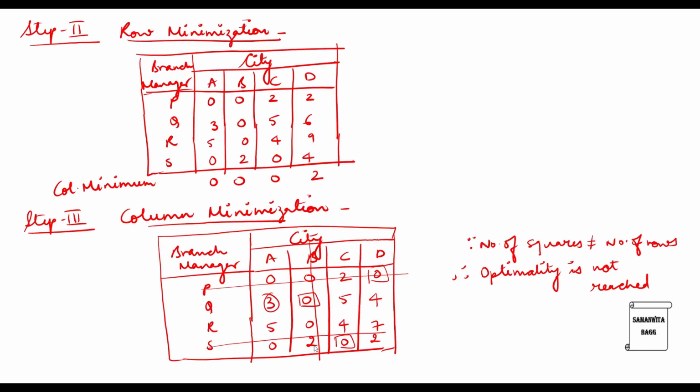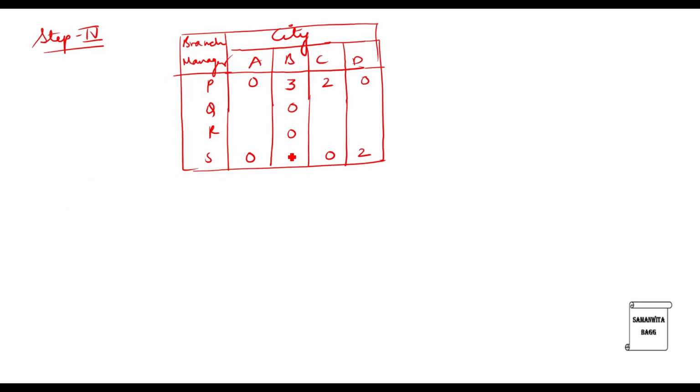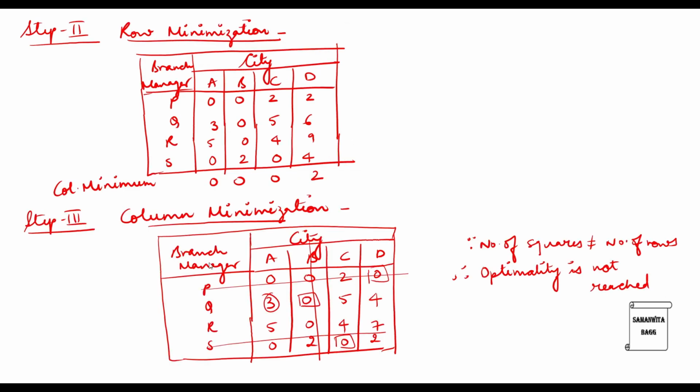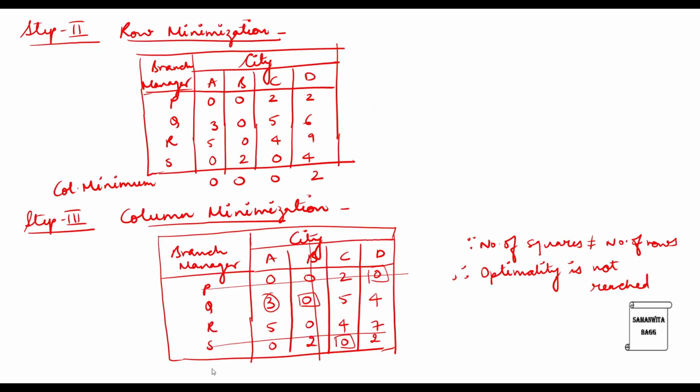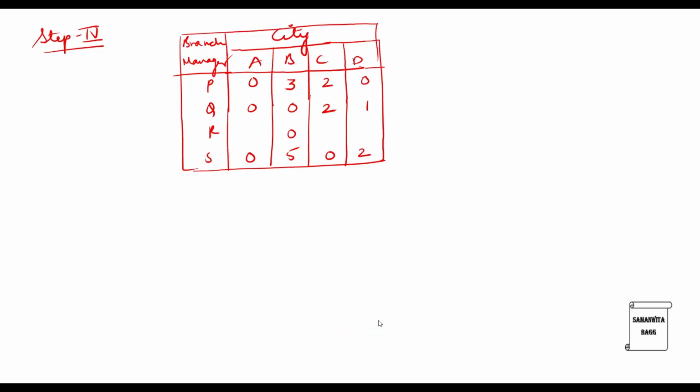At this intersection you will add 3. So this will be 5. And from rest of these values you will subtract 3. So this will be 0, this will be 2, this will be 1, this will be 2, 1, 4. So these are the values.